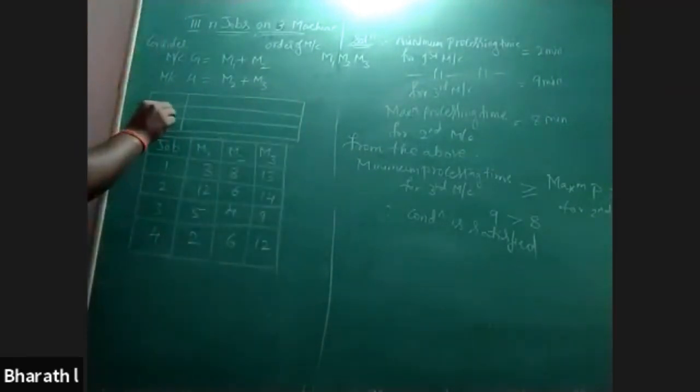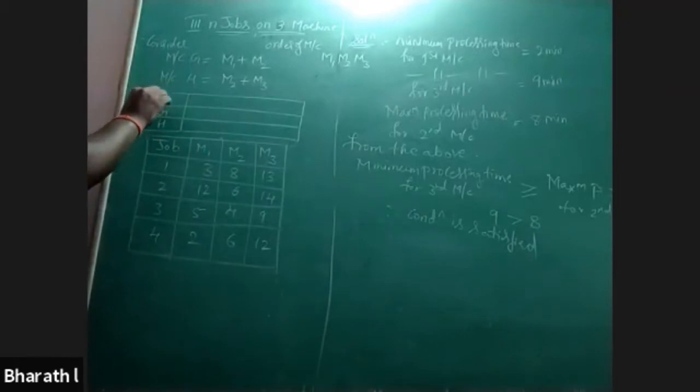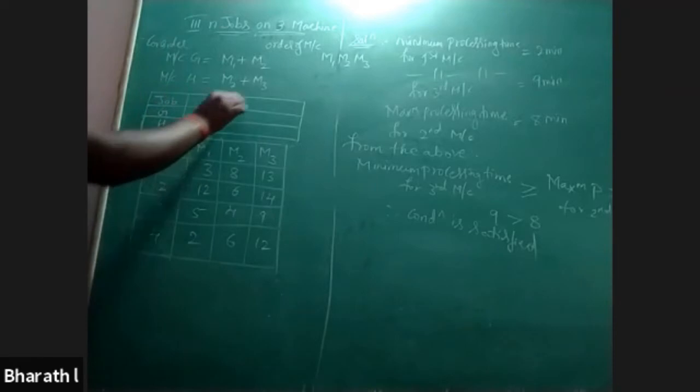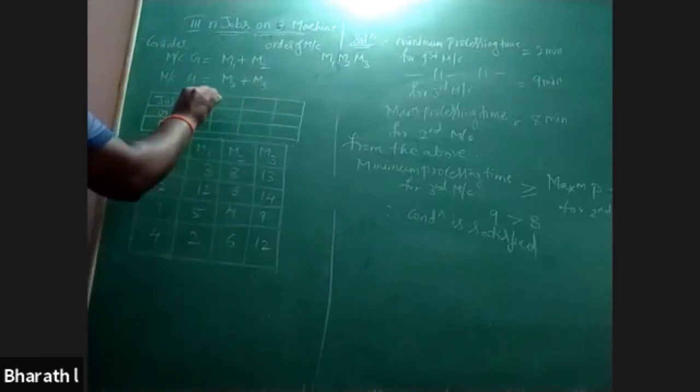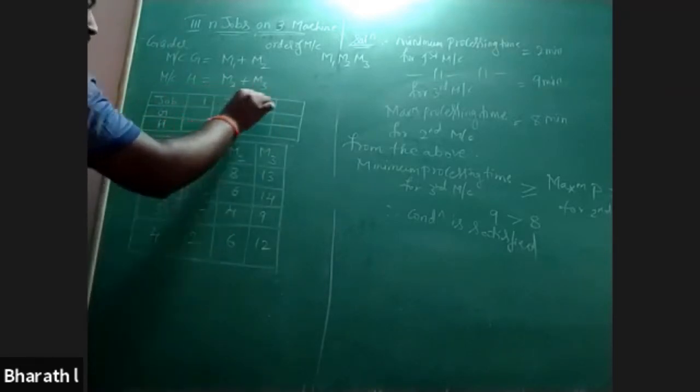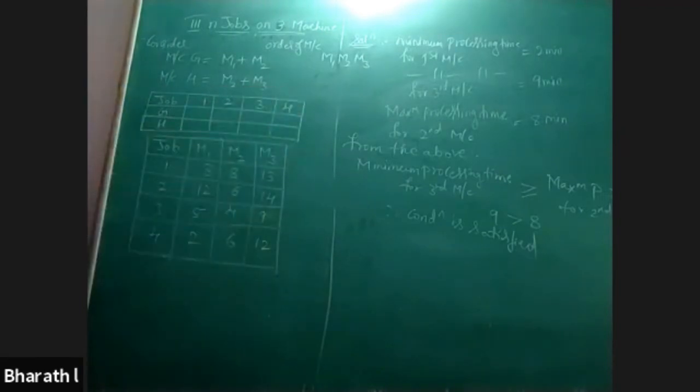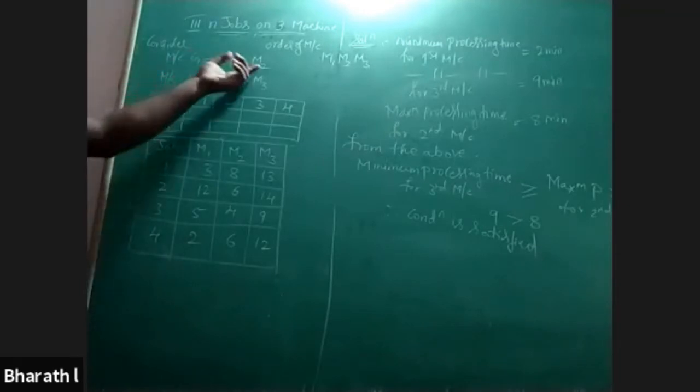Then next, we'll rewrite the table for machine G and machine H, and the jobs. Since they're given 4 jobs, we'll write 1, 2, 3, 4. Whatever table is given in the question, we need to reconstruct it with 2 machines instead of 3, that is machine G and machine H. Machine G is nothing but M1 plus M2.